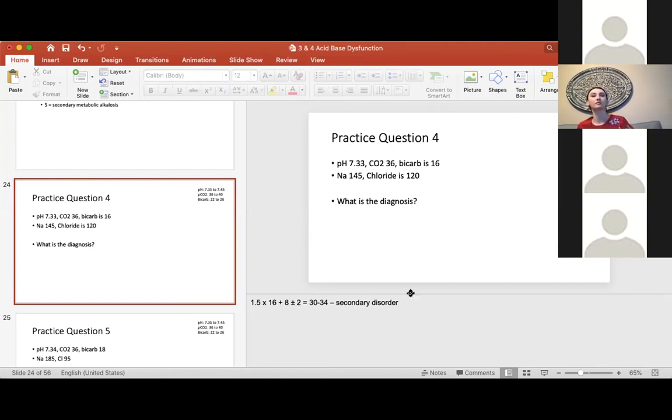So that would lead us toward acidosis. So respiratory acidosis. Okay. So now we got to calculate our anion gap. So our anion gap is going to be our sodium, so 145, minus our chloride, 120, minus our bicarb of 16.